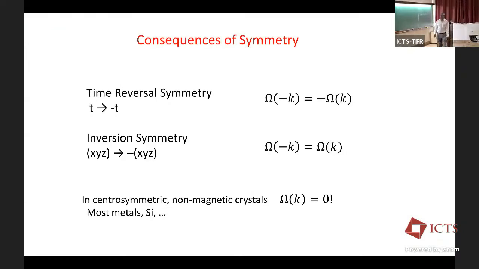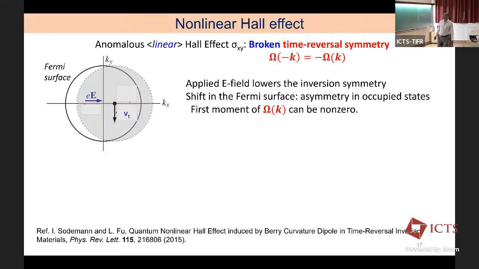And again, going back to symmetry, these are quite restrictive. They mean that any non-magnetic crystals like metal, silicon, which are centrosymmetric, these ideas won't really have any interesting consequences. And that limits the class of systems where you can study them. However, in this talk, I will show you that you can really see this in a much wider set of systems.